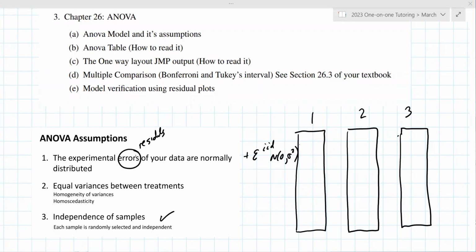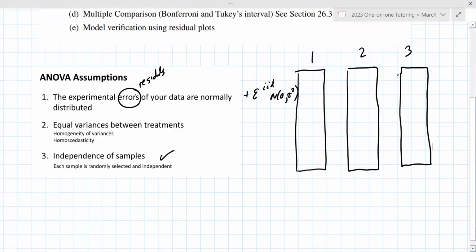Okay, let me see if I can find a problem real quick for this. Okay, this is your classic exam question here.